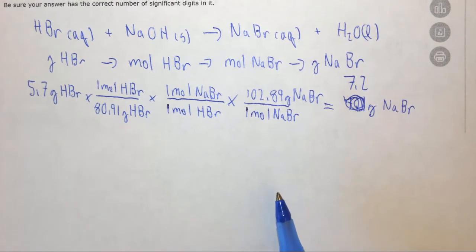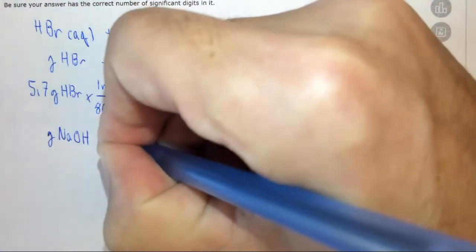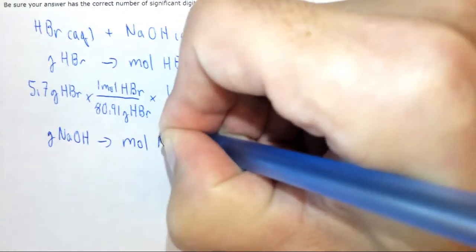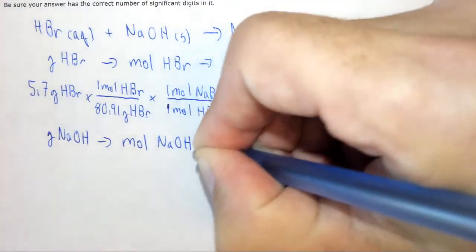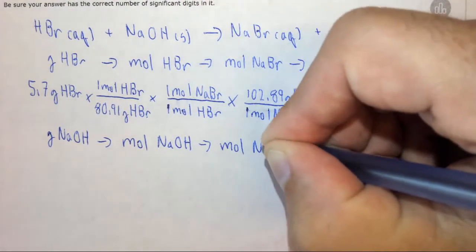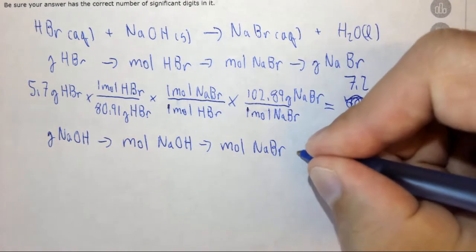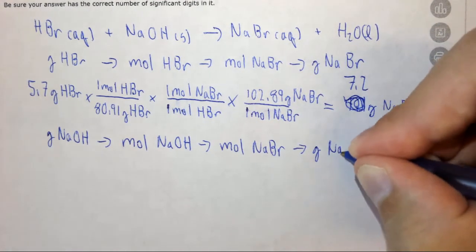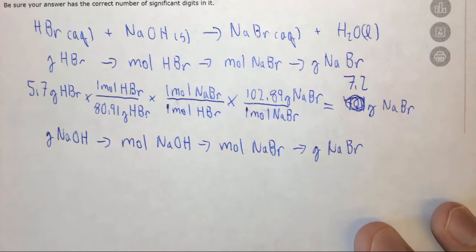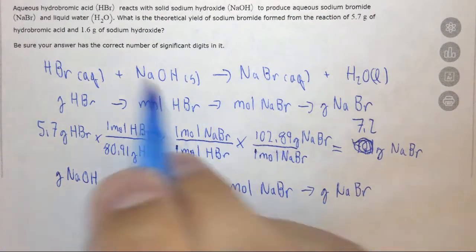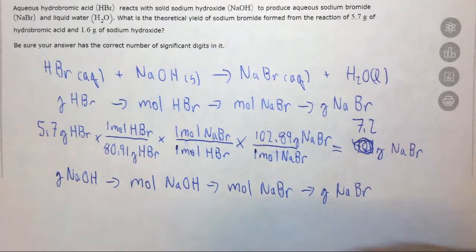All right, now we got to do the whole same thing for NaOH. So grams of NaOH to moles of NaOH to moles of NaBr, what we're trying to figure out, to grams of NaBr. So in this case, we're starting with 1.6 grams of NaOH.